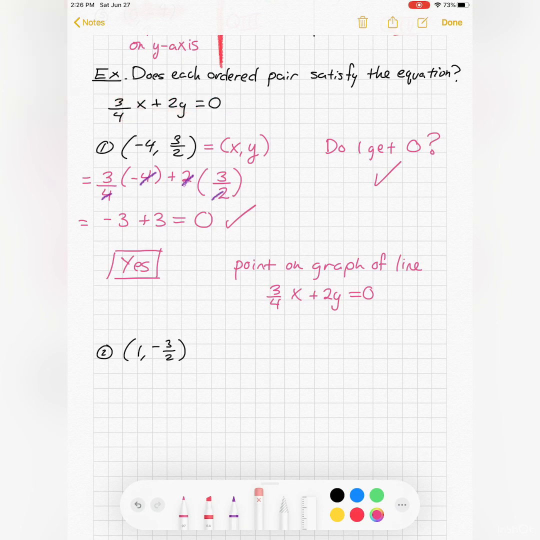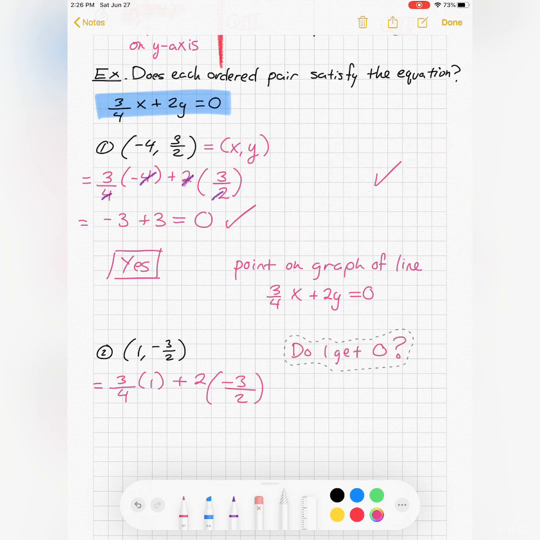So let me try the next part. It's the same thing. The question is, does the ordered pair satisfy? We're still looking at the same equation. So I'd give it a try. So 3/4, the x value is 1, plus 2, the y value -3/2. I'm simplifying, and the question again is, do I get 0? Because that's what's on the right side.